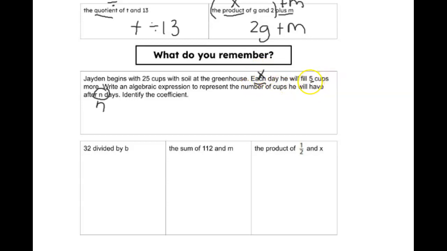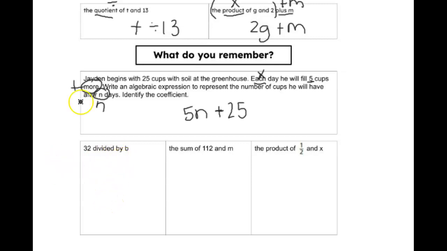So we're going to do 5n because we're multiplying those together for each day. And more. That means we're going to add 25 to it. So he started with 25, then each day he does 5 more. So depending on how many days he has, we can plug in whatever number that we need. Remember, a letter and a number next to each other is multiplication.